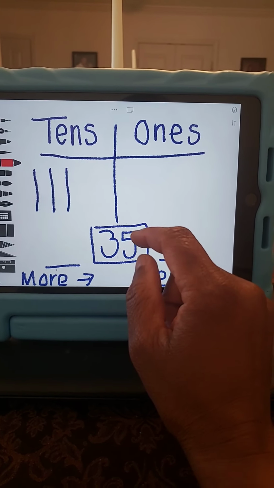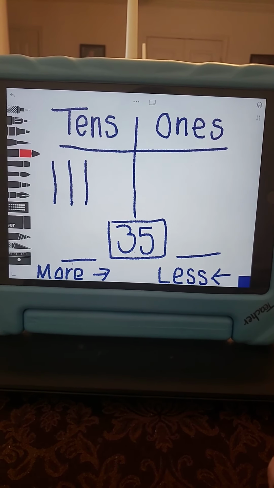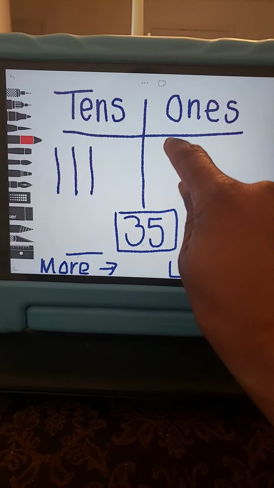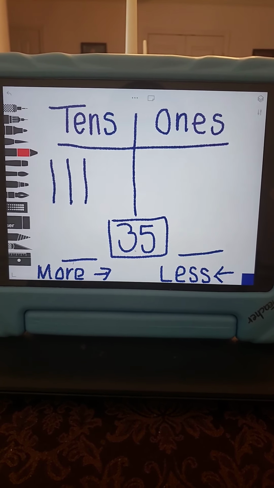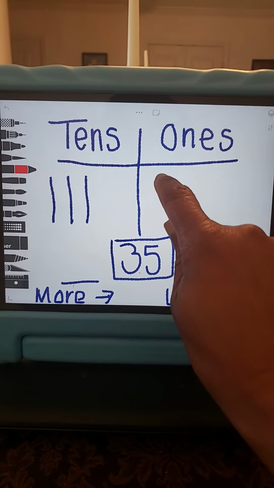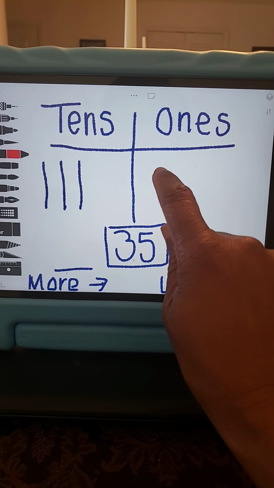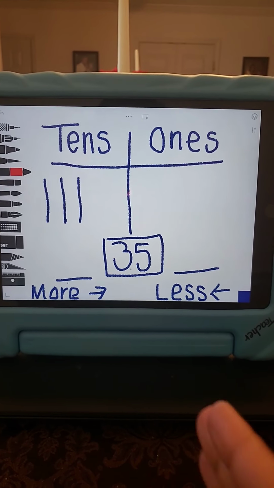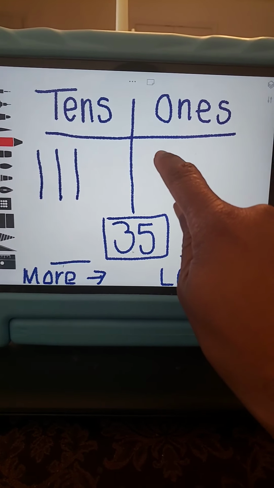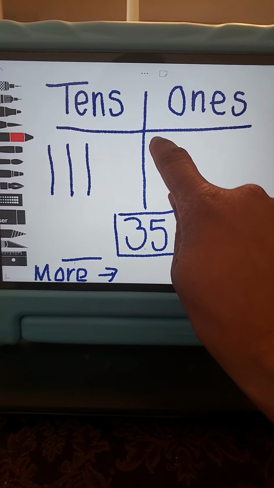Sometimes you'll also see Miss Belcher do circles. So it's okay. Squares or circles, it doesn't matter, but make sure that when you do them, they are separate because ones are just by themselves, okay? So I'm just going to do circles.